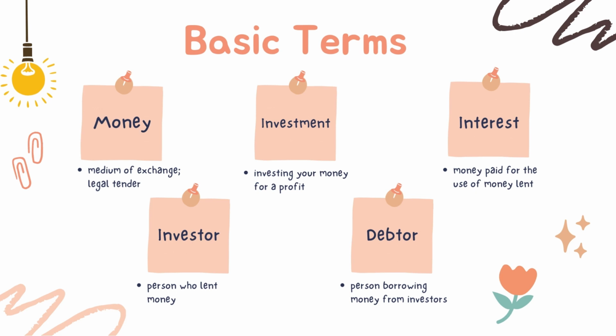So first is money. So sa ato pa term is kwarta. This just refers to the medium of exchange or legal tender. When we say legal tender, these are the coins, bills, or currencies accepted by our government for payment of purchases or debts and other stuff.